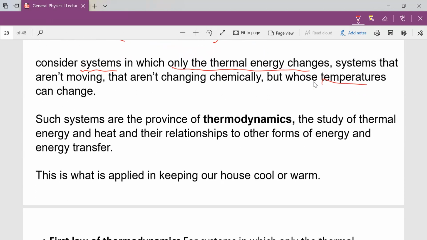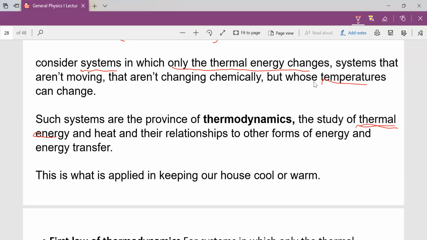Such a system with changing temperature is what we use to describe thermodynamics, from the words thermo and dynamics, which is like constant change in a system. So that's the origin of the word thermodynamics. Thermodynamics works in such a province where there is purely thermal energy change in the system.